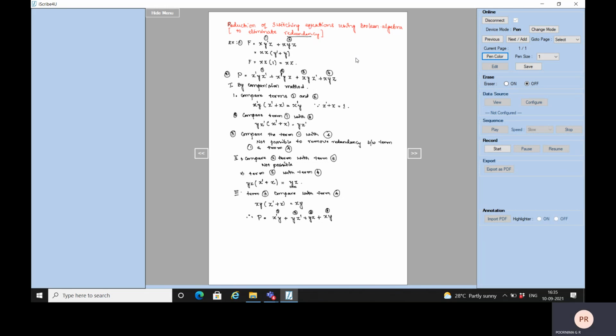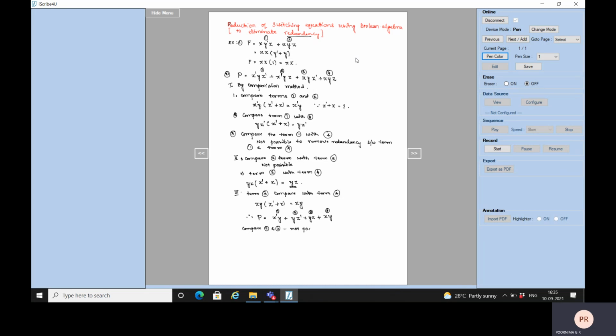So again, applying the comparison rule, compare 1 and 2. Is it possible with 1 and 2 to remove the redundancy? Not possible.